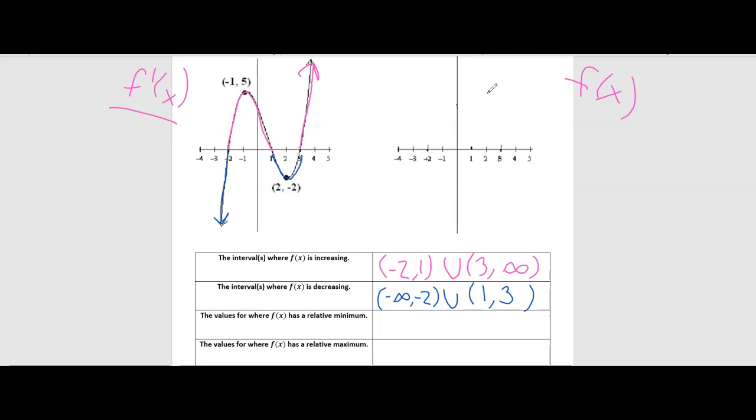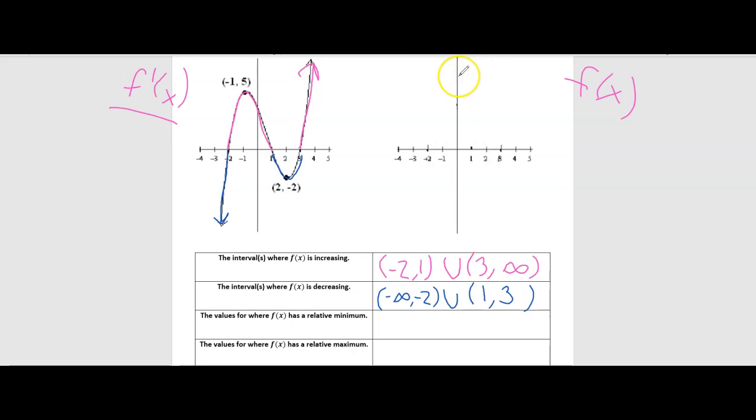Question 3 says the values for where f of x has a relative minimum. So this time we have to look solely at the derivative graph to find the relative min or the relative max of the original function. Now, there's one thing we can look at. The derivative cannot be positive or negative at a relative minimum or maximum, right?